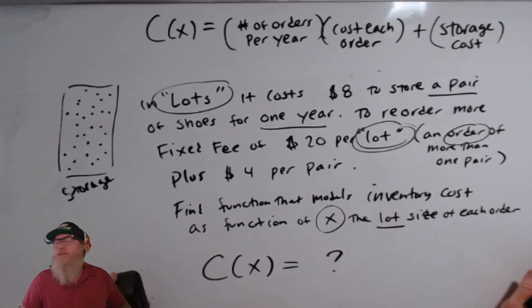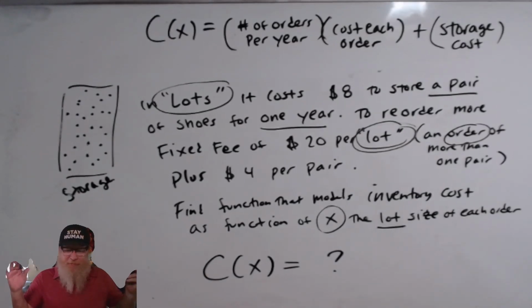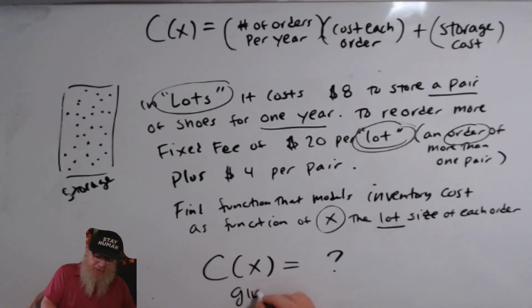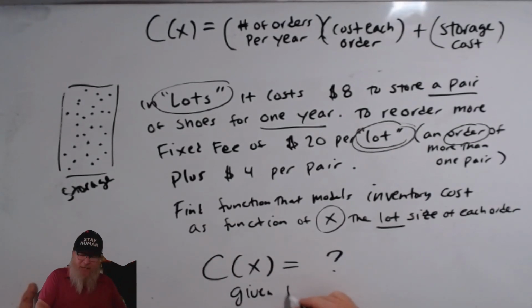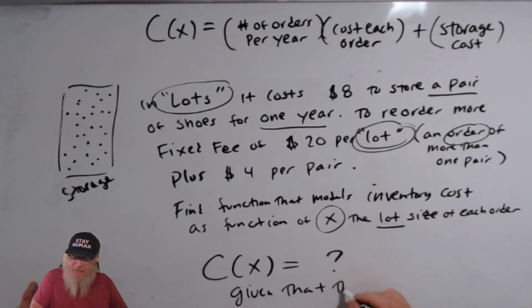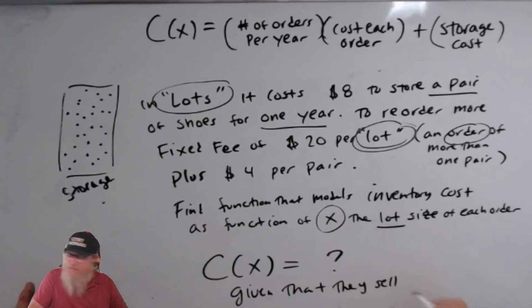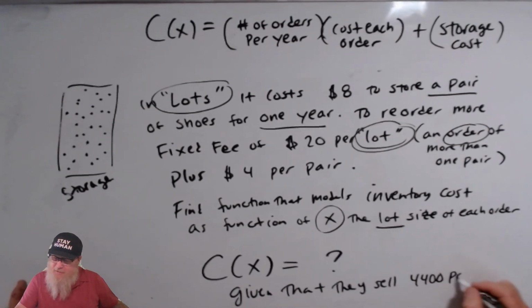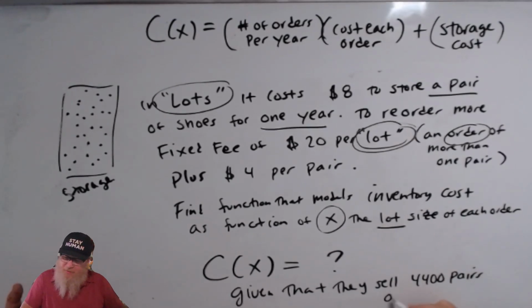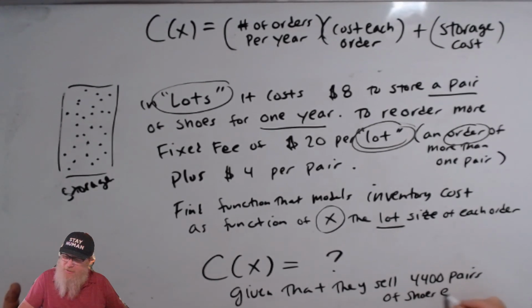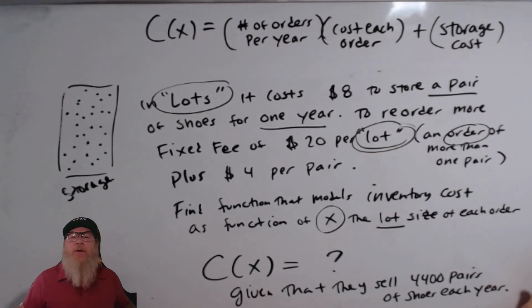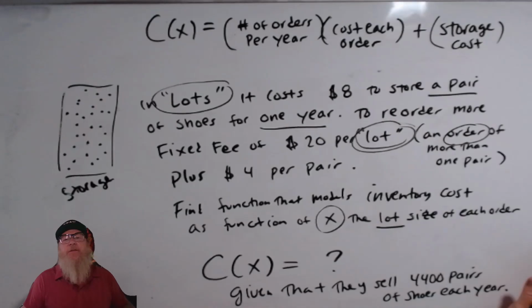All right, so let's think about this for a minute. Oh, I forgot to tell you, there's one important thing. Given, I'll put it down here in the problem, given that they sell 4,400 pairs of shoes each year. Oh, I almost blew that one up, because as soon as I erase all this, I would have never thought to go back and do that.